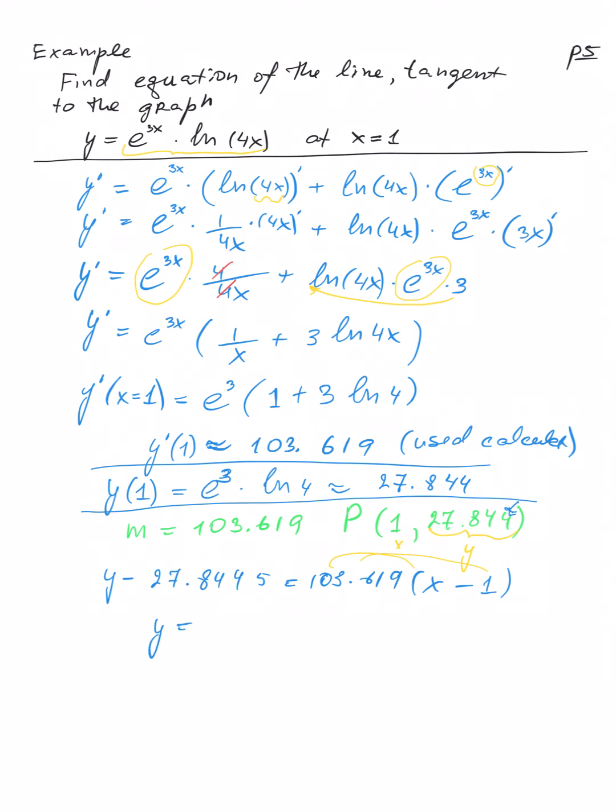y equals 103.619 x minus 103.619 plus 27.844, and our final answer here is y equals 103.619x minus 75.774.